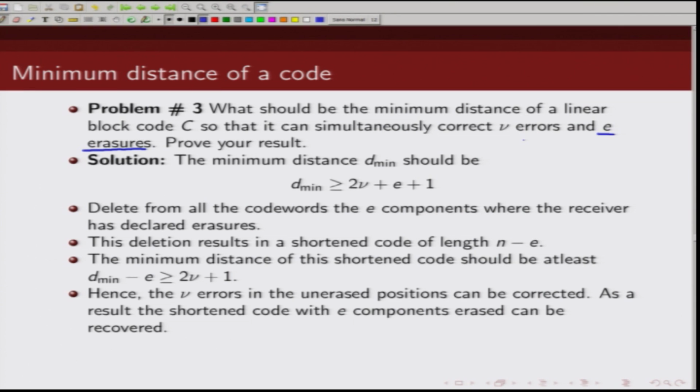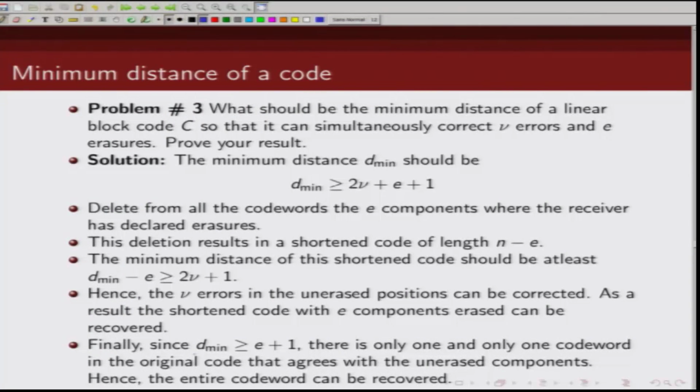What is the condition on minimum distance such that E erasures can also be corrected? The minimum distance of the code should be greater than the number of erasures plus 1. So, if the minimum distance of the code is greater than E plus 1, then there is only one code word in the original code that maps to the shortened code.